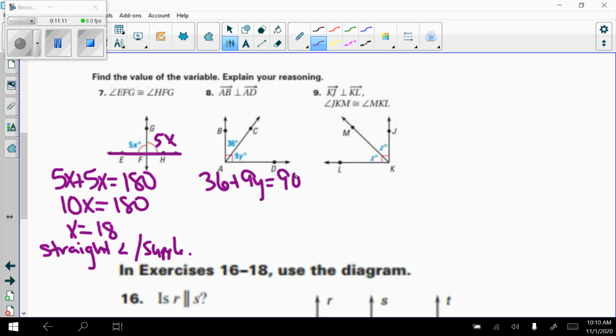We want to get the y by itself. So the first thing we're going to do is subtract 36 from both sides. So then I get 9y equals, so 90 minus 36 gives us 54. I need to get the y by itself. So it says 9 times y. So I want to divide both sides by 9. So I get y is equal to 6. Explain my reasoning. Definition of complementary.